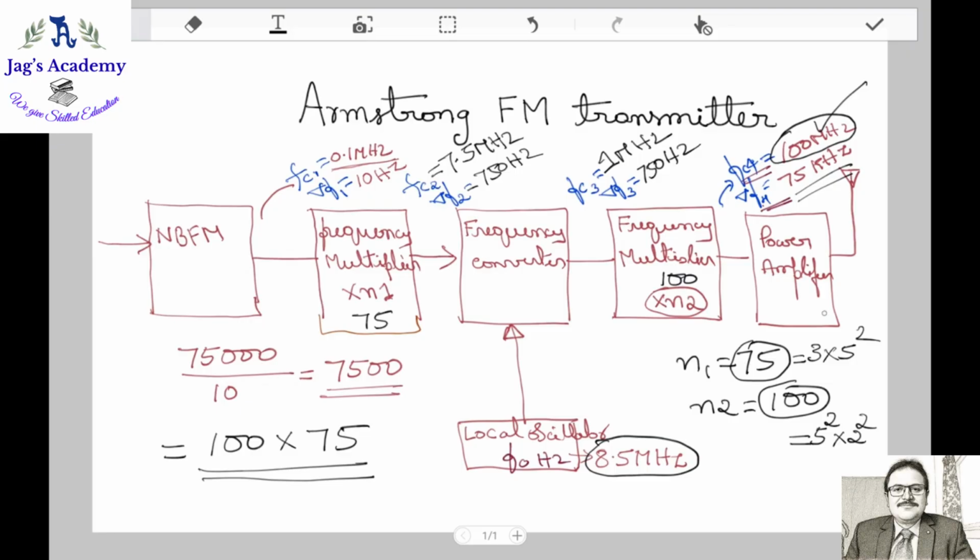So this makes use of frequency triplers, frequency doublers, and also a multiplier which multiplies the signal by 5 times. This is the final answer for this particular design. So here we have designed an Armstrong FM transmitter.